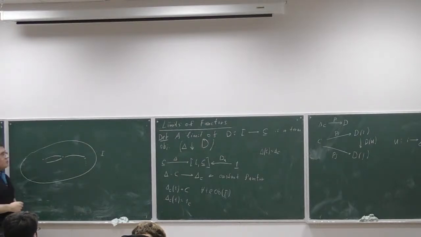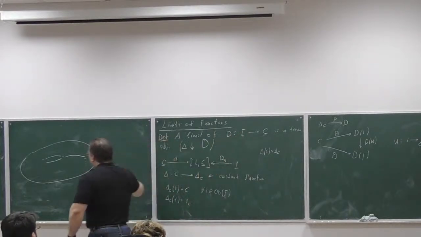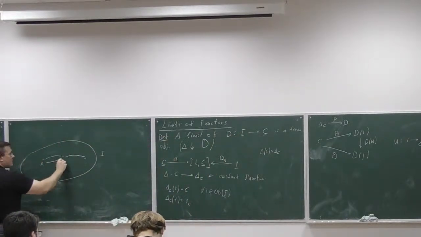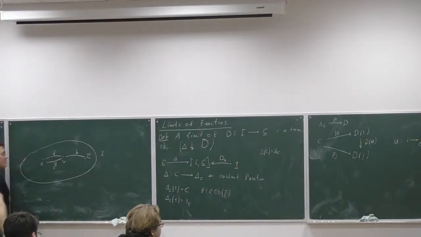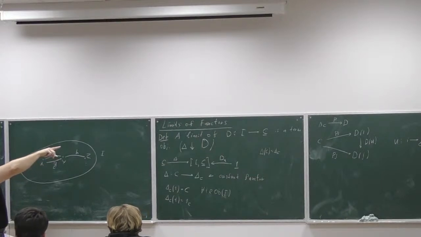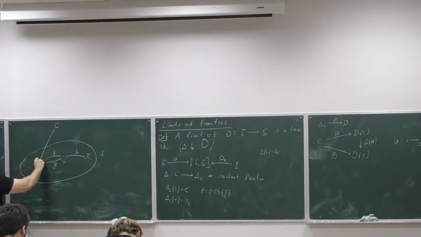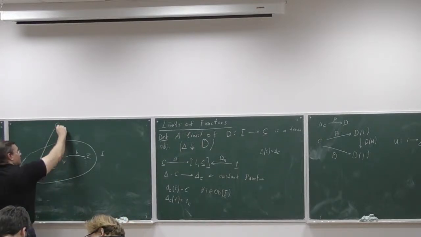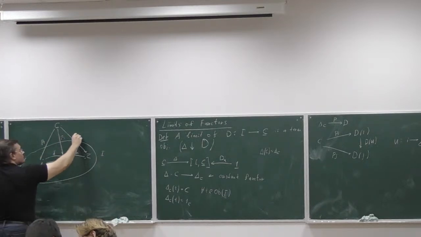Now, if you apply to this indexing category the functor D, we get some specific objects like X, Y, Z, F, G, H. This is the result of application of the functor D. Now, that pair delta C and P means that I have some vertex C, and from this C I have projection maps, say this is P1, P2, P3.